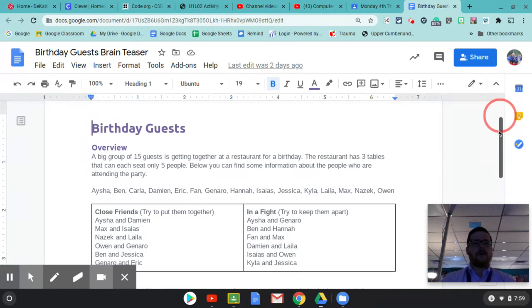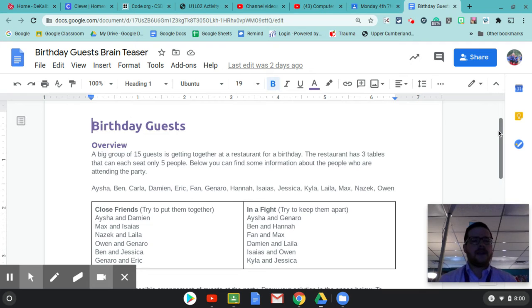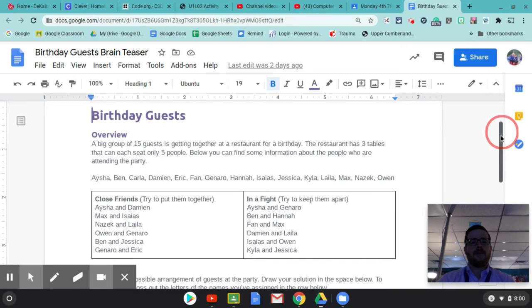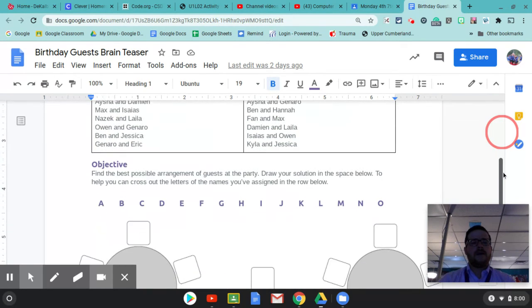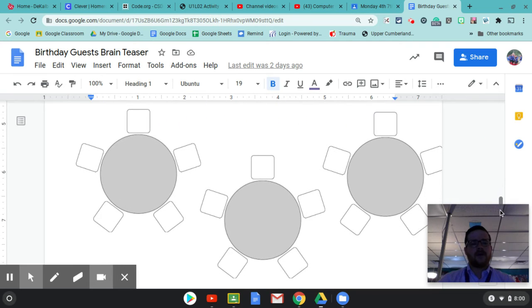Here's the problem. A big group of 15 guests is getting together at a restaurant for a birthday. Now, this was probably before COVID, I guess. The restaurants have 3 tables that can each seat only 5 people. Below, you can find some information about the people who are attending the party. Now, here's a diagram here, okay?